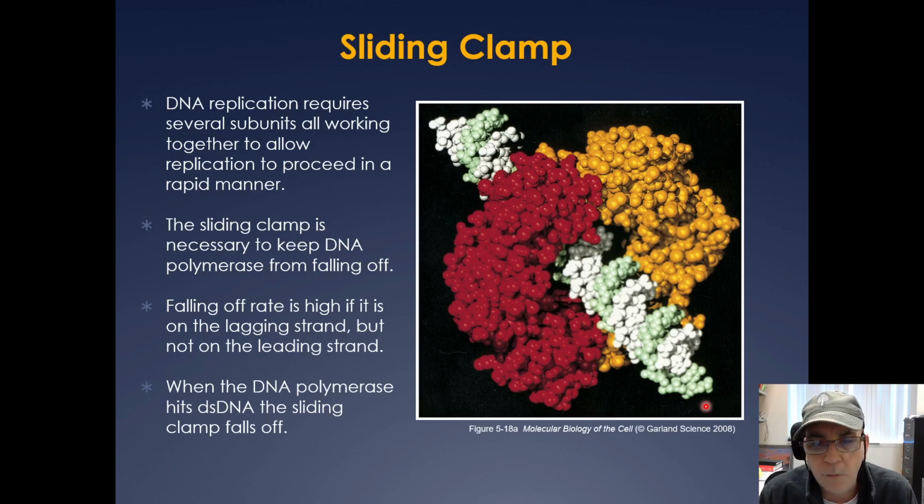And the rate at which polymerase can fall off without the sliding clamp on the lagging strand is actually pretty high. And when you're synthesizing the lagging strand, when DNA polymerase comes into contact with the RNA primer and starts to get rid of it, this sliding clamp can then fall off. Okay, so when it hits the next piece of DNA, the sliding clamp just falls off.